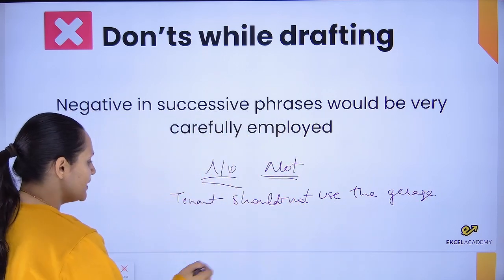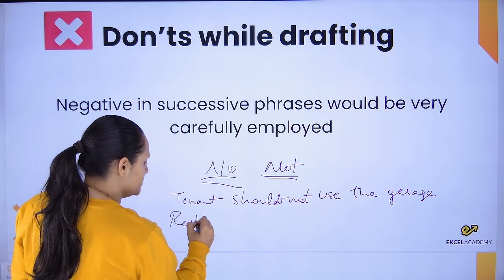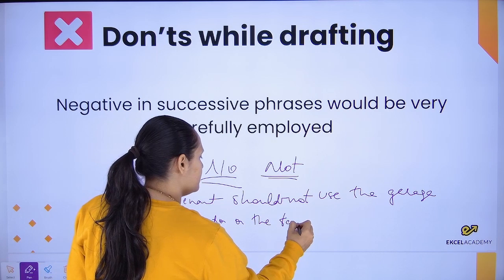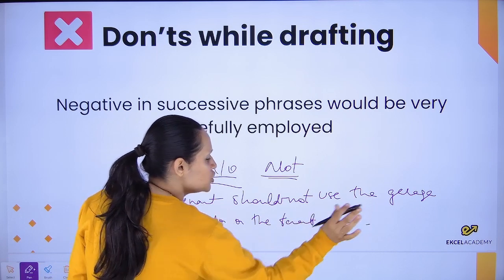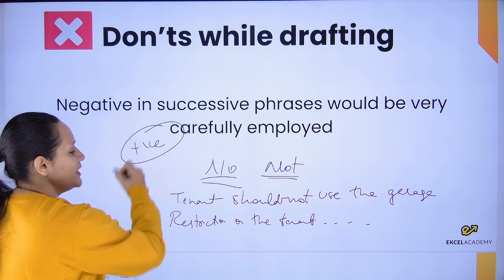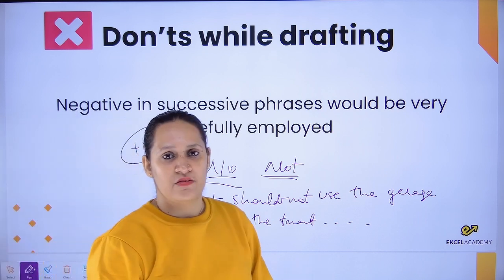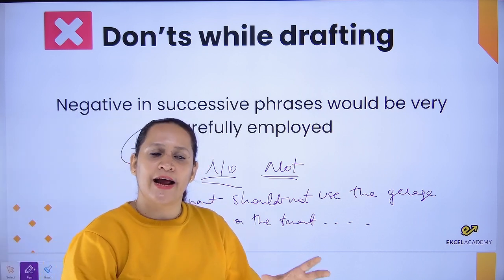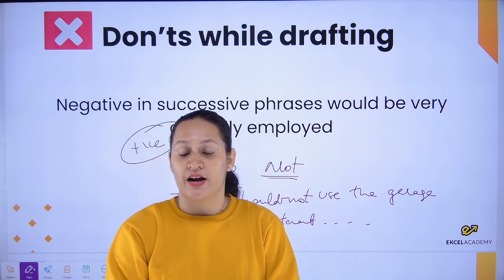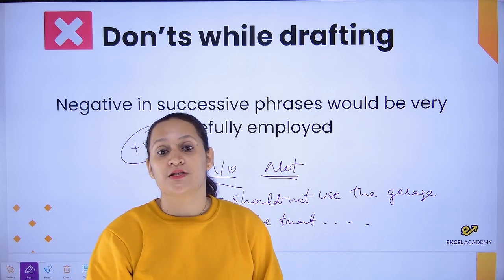Rather, you can say that there is a restriction on the tenant with respect to so and so. As far as possible, keep the document positive in nature rather than negative. Rather than saying no or should not, try to construct the sentence in such a way that the same meaning is conveyed, but in a positive sense.